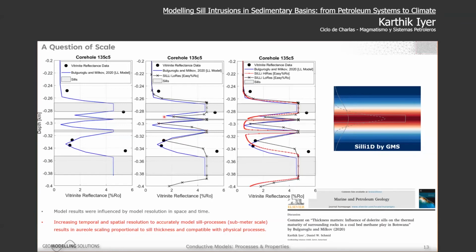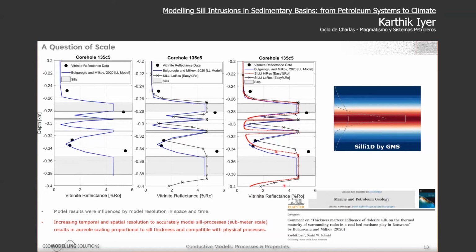But if you do that with the resolution that a sill requires to study the effects of these intrusions properly, you get a proper diffusive curve around these sills. And then you still get a similar match, or very close to that match, in vitrinite reflectance, but that's not the point.